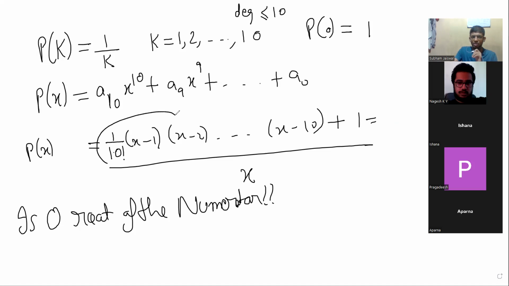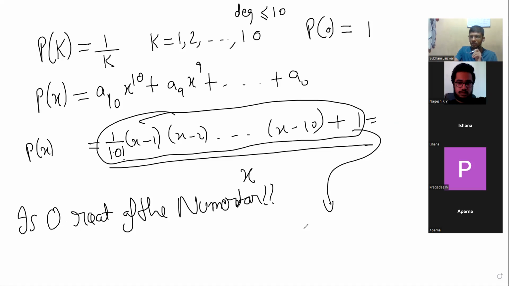You put x equal to 0 in this, you do get, I hope you check it, some minus 10 factorial by 10 factorial. This is what you should get, and it will be 0. Okay? Or I think something is wrong. Something wrong? Why minus 10?